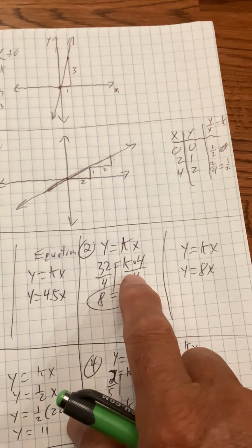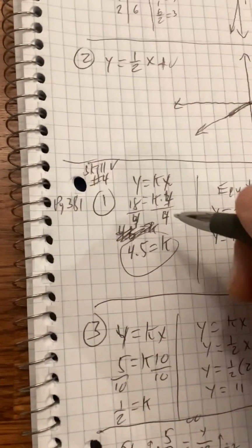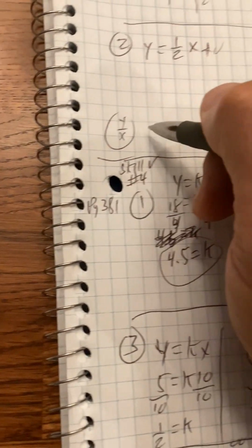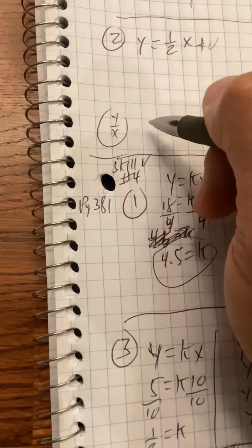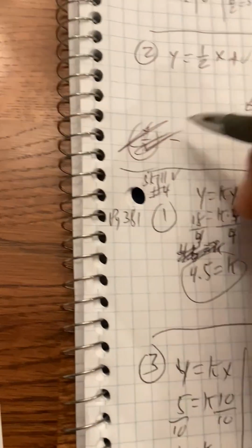Number 2. Oh wait, so I could have done number 1 like this. Since it's proportional, just do your y over x. And so it's proportional.